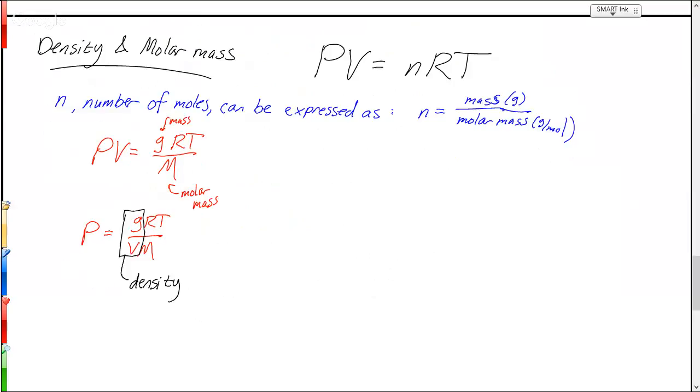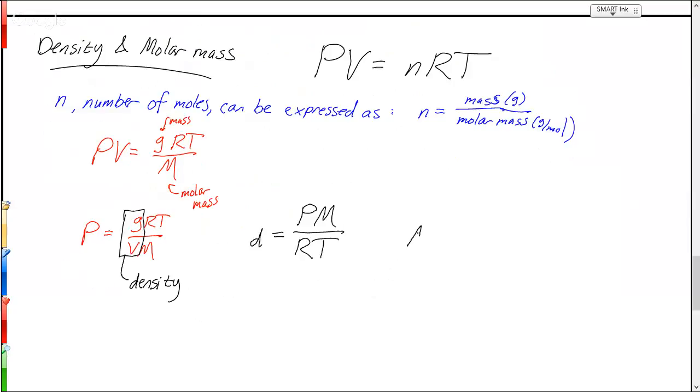So we can rearrange this in various ways. We can say density equals, what does it end up being? Yeah, P times the molar mass over RT. So we can calculate the density of a gas just knowing its identity, so its molar mass, and then the pressure and the temperature.